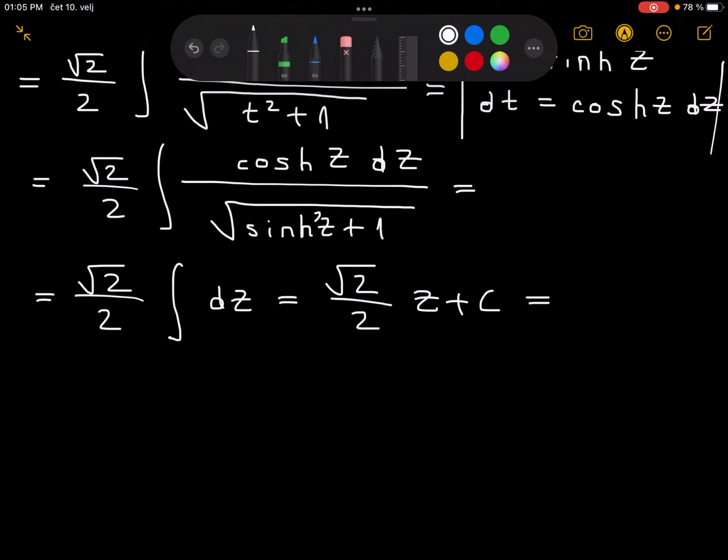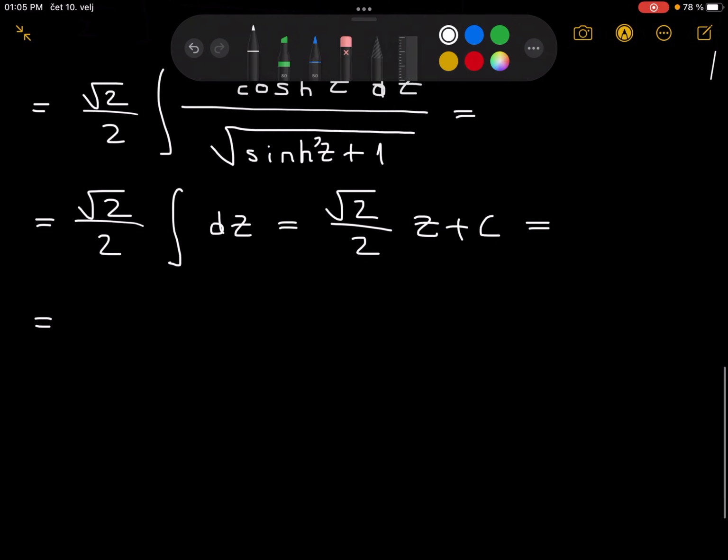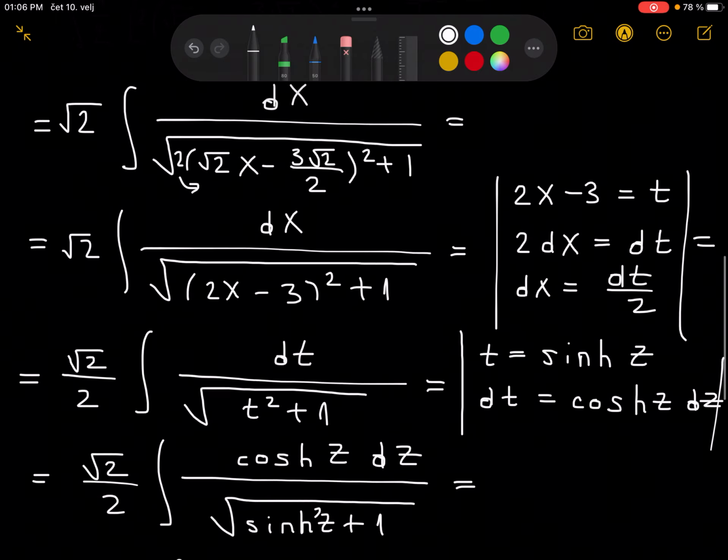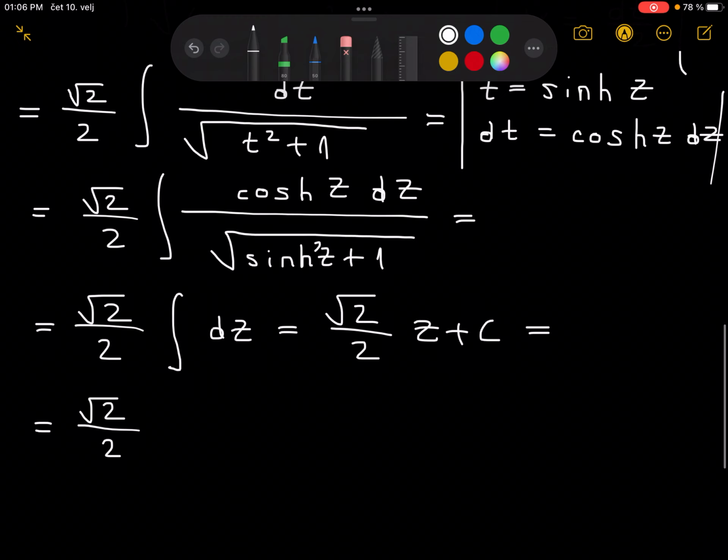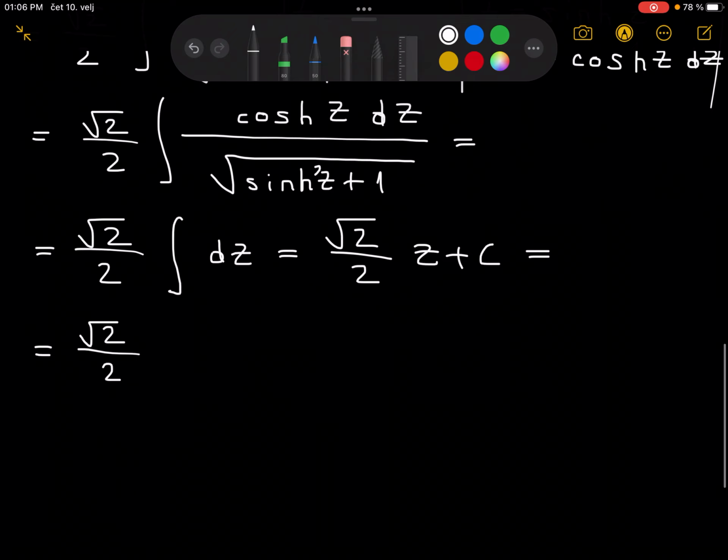And then we have to go back to our original variable. So this is equal to square root of 2 over 2, and z is equal to the inverse hyperbolic sine, the area hyperbolic sine of t.